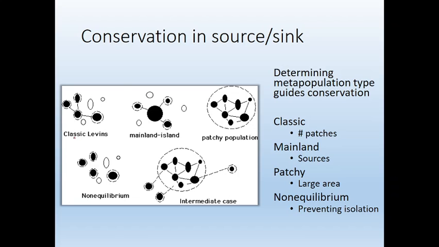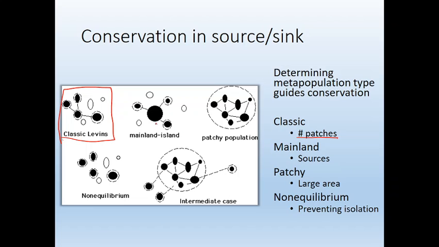If you have a population that acts like the classic Levins metapopulation, what's most important to keep a stable population is the number of patches. The more patches you have, the higher the population can be, and the lower the probability that all of those patches will go extinct at the same time.